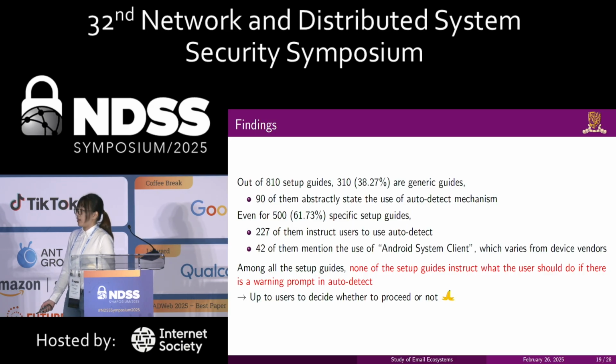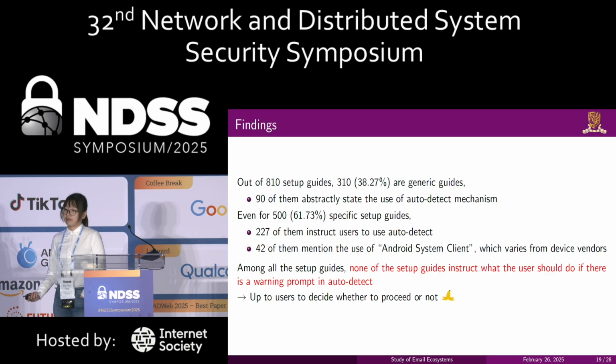And even for the other 2/3 portion, almost half of them ask users to simply use the auto-detect feature in the email clients. Some of them, like 42 of them, use the Android system client, but this Android system client varies across different device vendors.